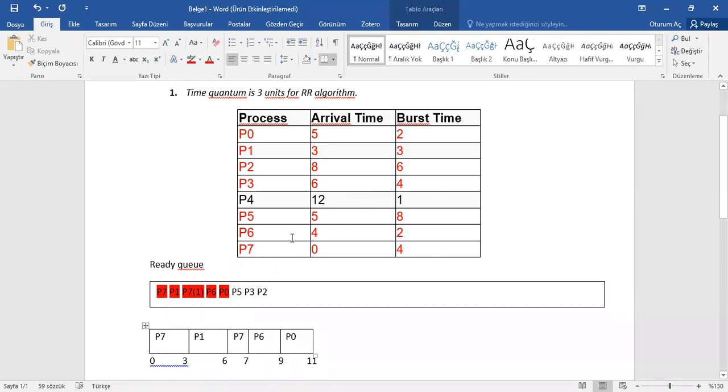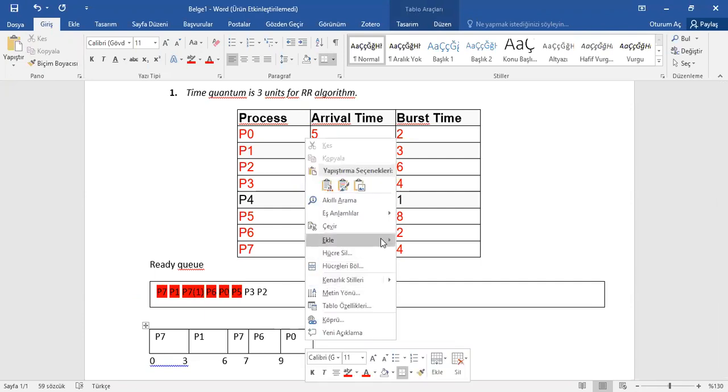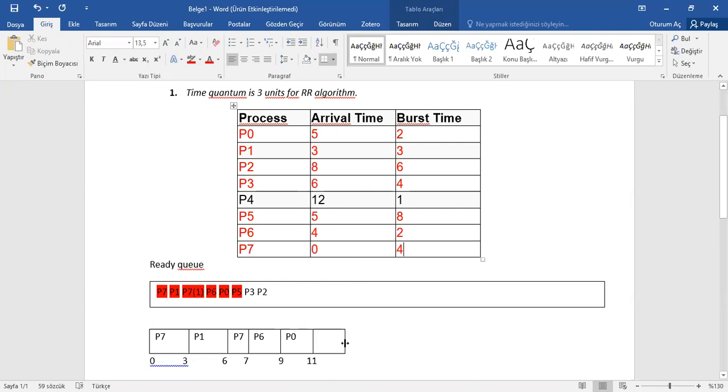How much time? 8 nanoseconds, but we will run it for how much time? 4 nanoseconds, because of our time quantum. So I will put process 5 back in the ready queue, okay?